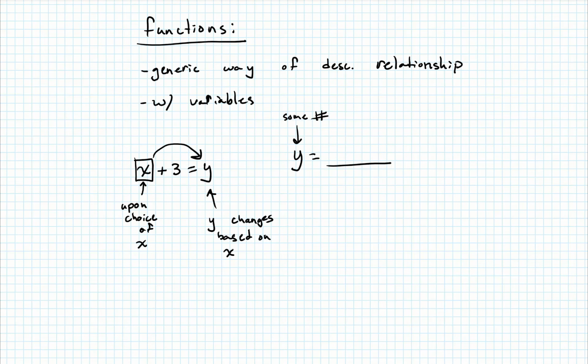So it's equal to some relationship, so 3 plus x. And we needed a way to generically describe that, and that's where function notation comes in. The idea that y is really just equal to a function of x, or as we write, f of x.